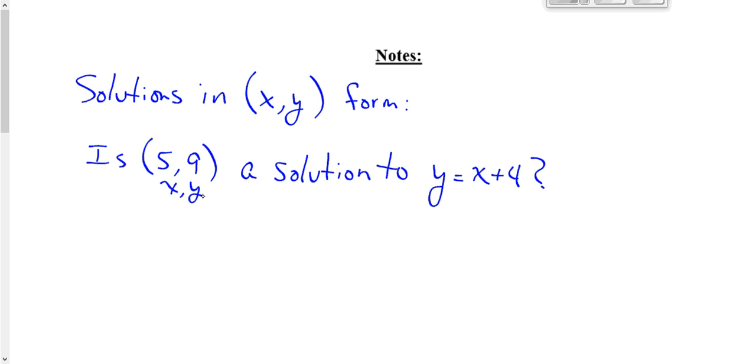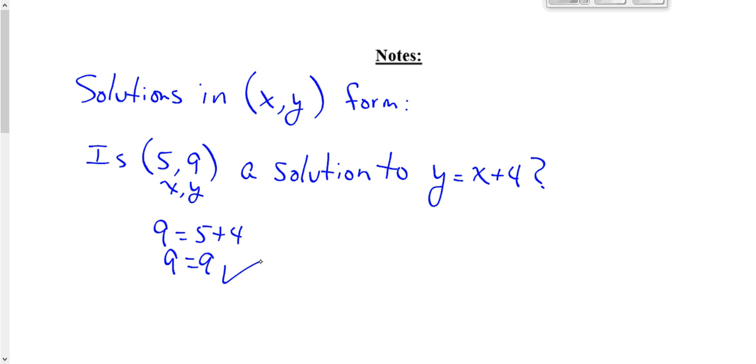And do you see an x and y in the equation? Yeah. So what would you do to find out? Replace the y with a what? And the x with a, right, so let's see, 9 equals 5 plus 4, so yeah, it does.